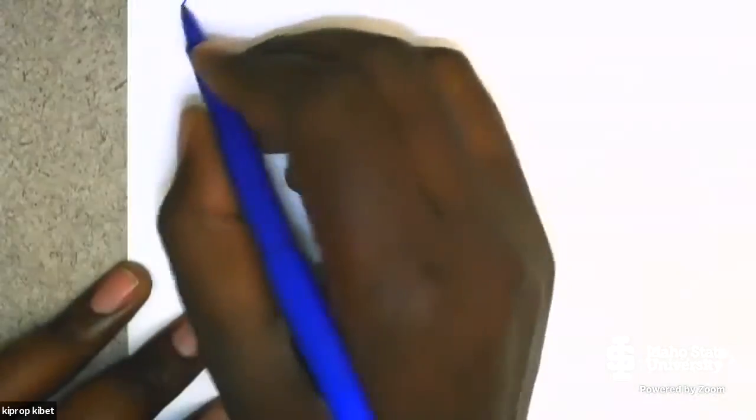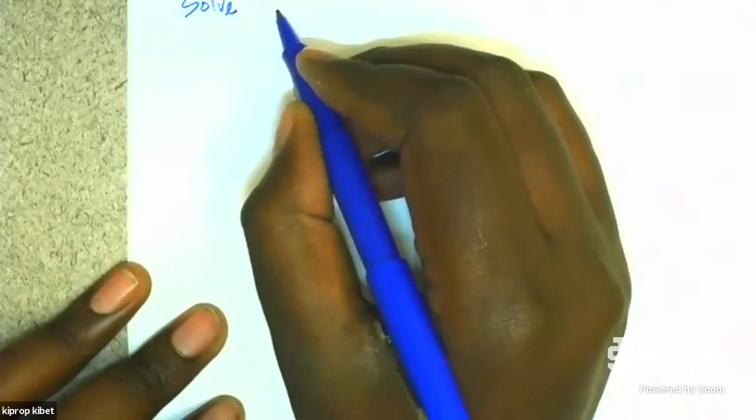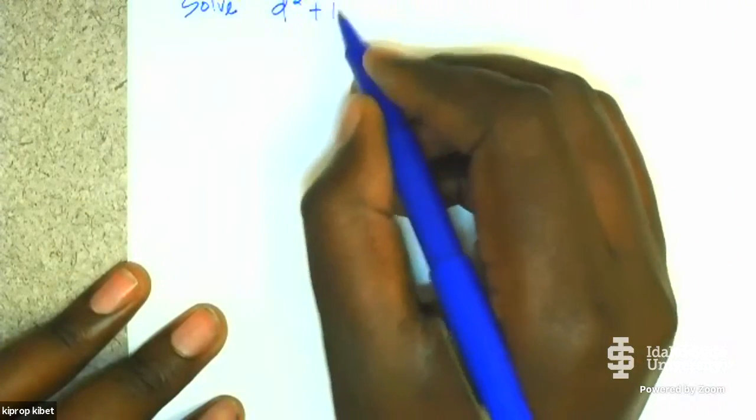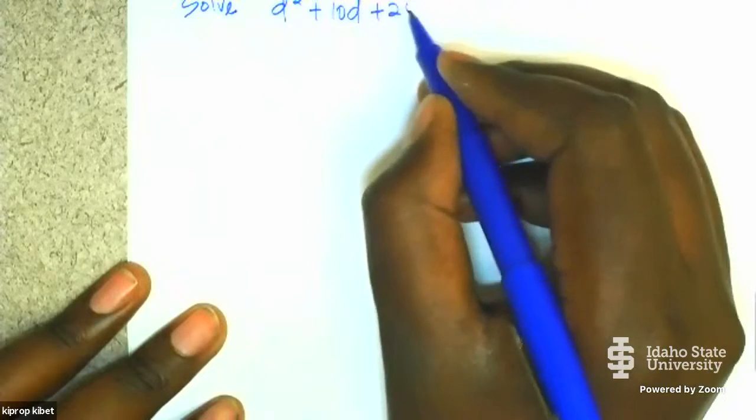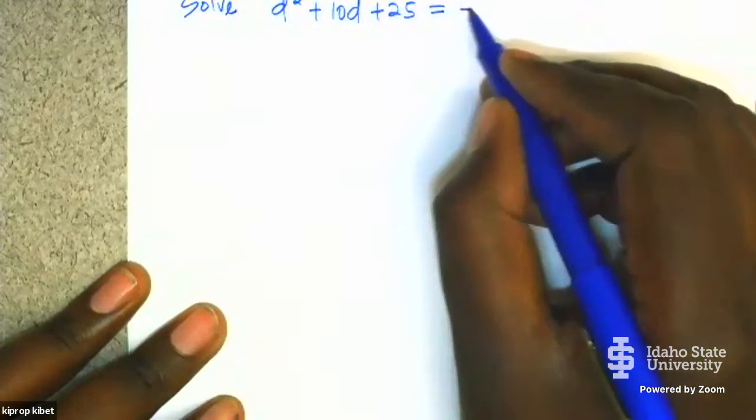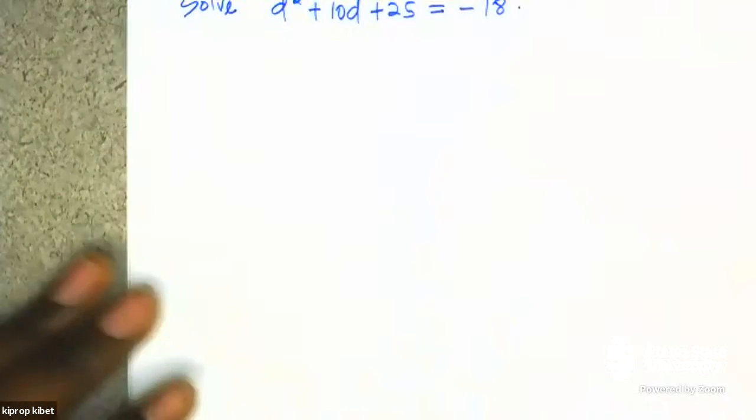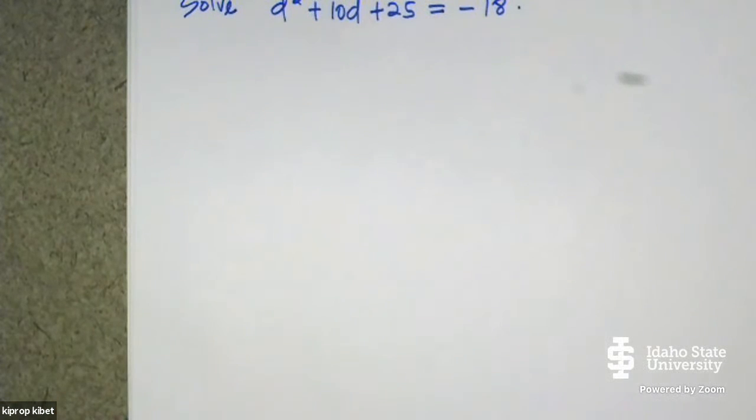Now solve d square plus 10d plus 25 equals to negative 18.